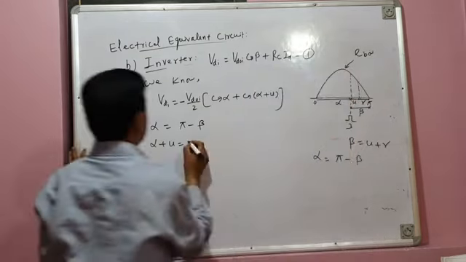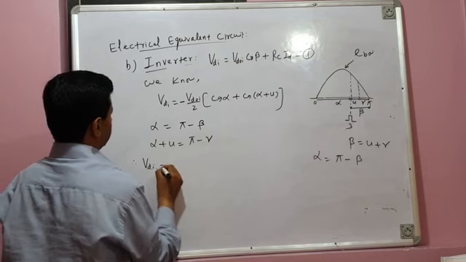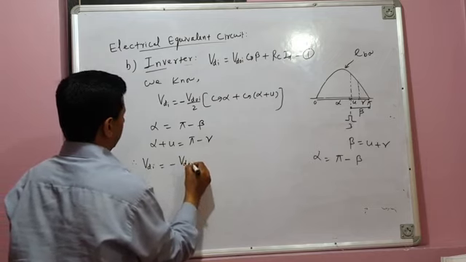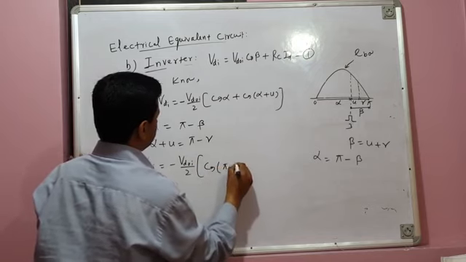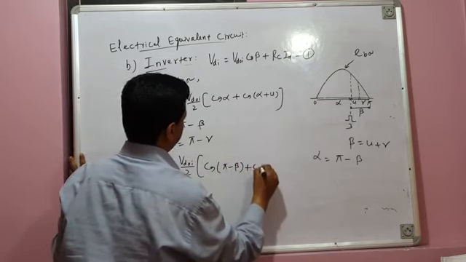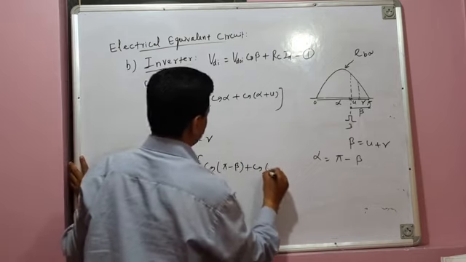Substituting in this, therefore the inverter average output voltage is equal to minus VDOI by 2 times cos of alpha, where alpha is pi minus beta, plus cos of alpha plus U, where alpha plus U is pi minus gamma.